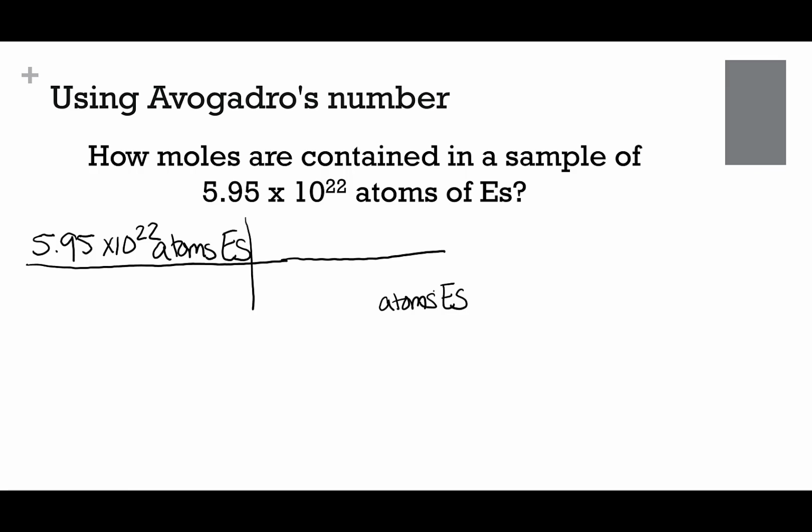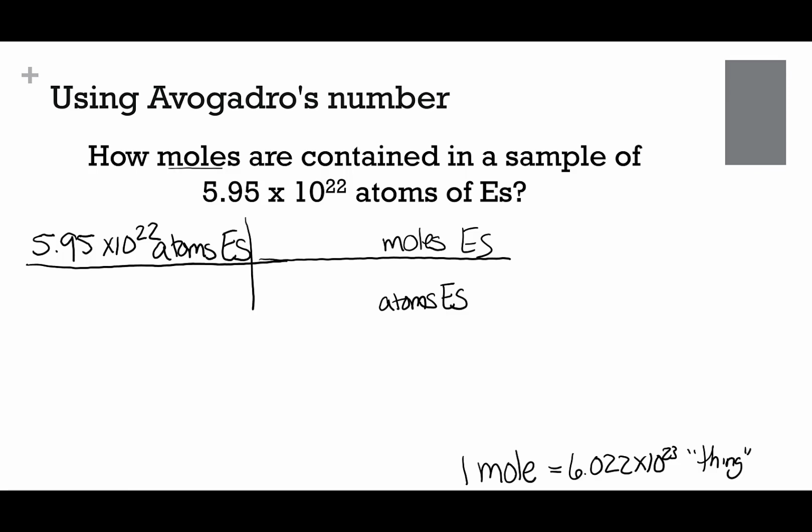And now I'm going to peek to the top and see what my destination is. So it's asking about moles. So up here is going to go moles of Einsteinium. All right, now we need to go back and think about our new equality. So our new equality, 1 mole equals 6.022 times 10 to the 23rd things.